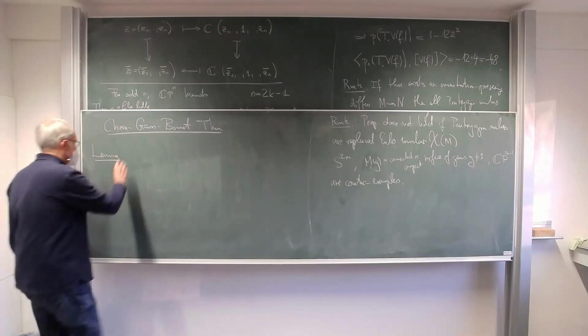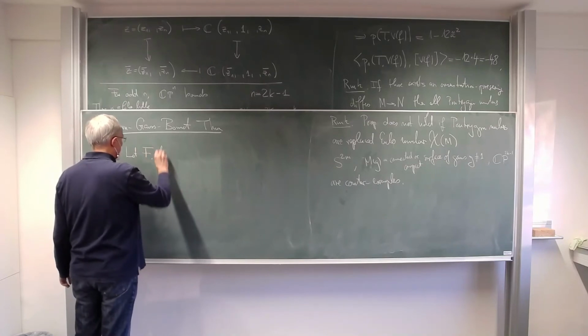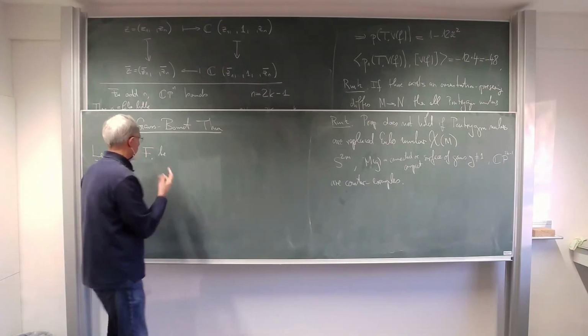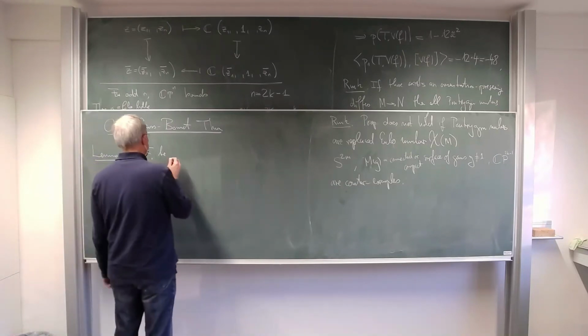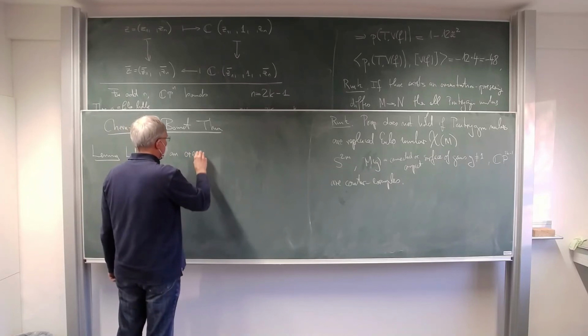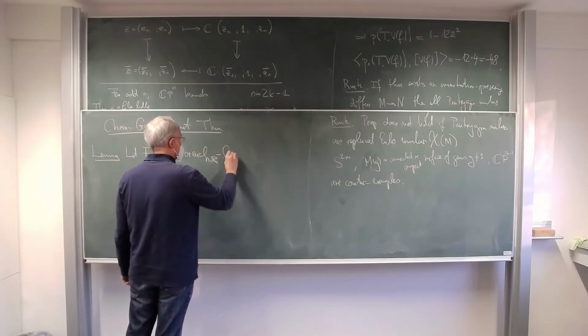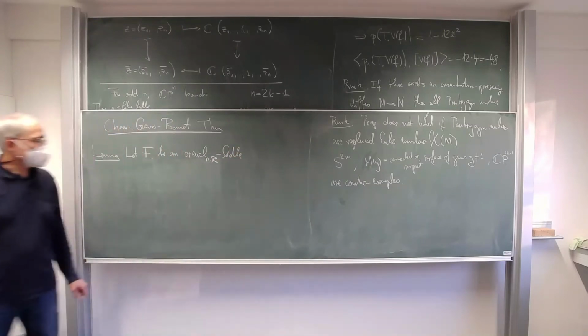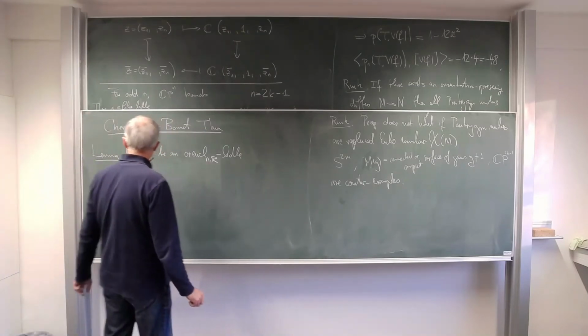So let F be some bundle which has an Euler class. So it should be an oriented Riemannian vector bundle. So the fibers are oriented Euclidean vector spaces of some dimension n.